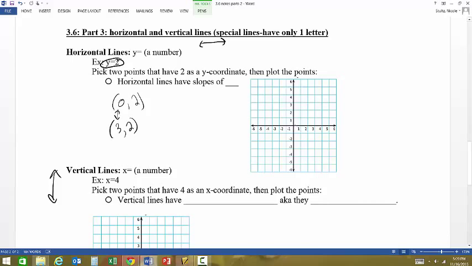And if I graph these coordinates, 0, 2, and 3, 2, notice I get a horizontal line.